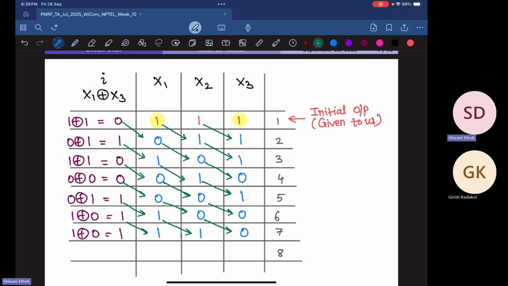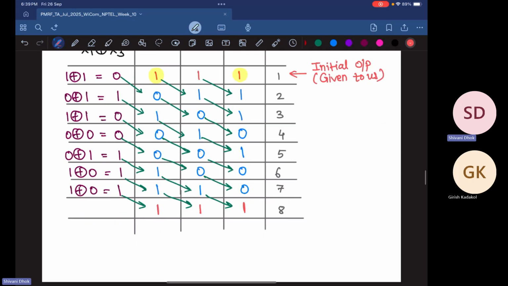And now finally again, this 1 will get translated here. This 1 will get translated here. And finally this 1 will get translated here.